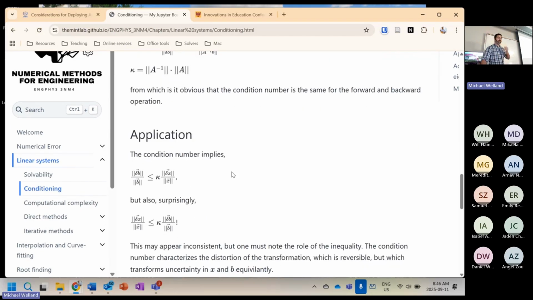So what this means in the application of the condition number is that the relative error in the output is at most this condition number times the relative error in the input. But at the same time, which sounds like a magnification thing, the relative error in the input is at most the condition number times the relative error in the output.